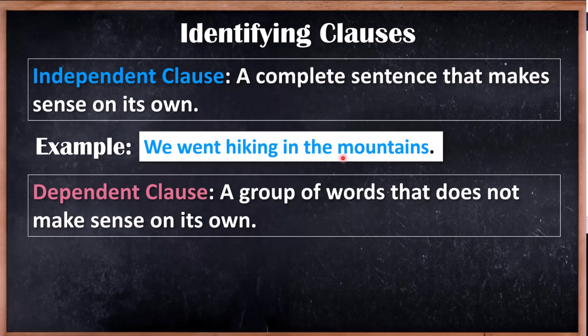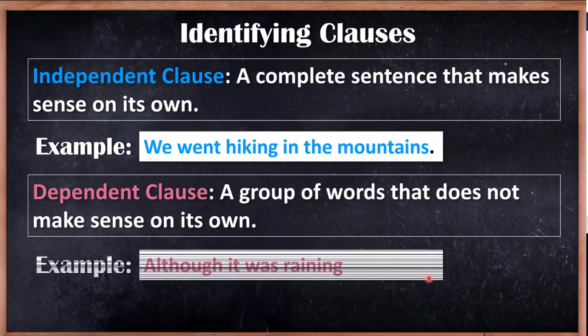We are not left with any uncertainties or any questions after reading an independent clause. Whereas a dependent clause, although it was raining, does not make sense on its own. We're left with questions. What do you mean, although it was raining? We know that there is more information that is necessary to make this a complete sentence.